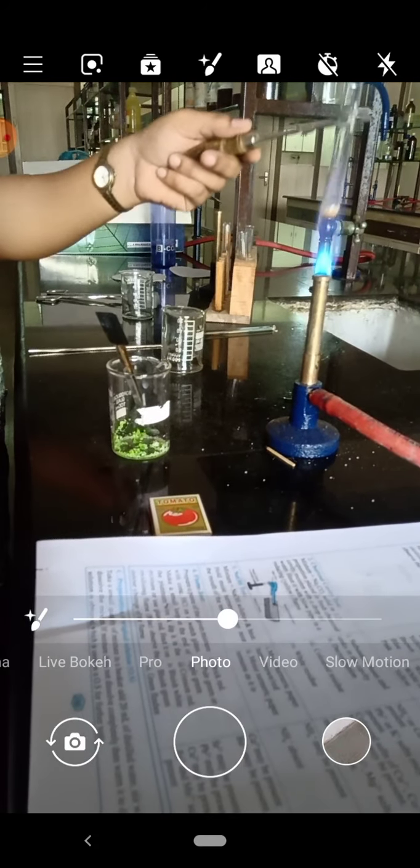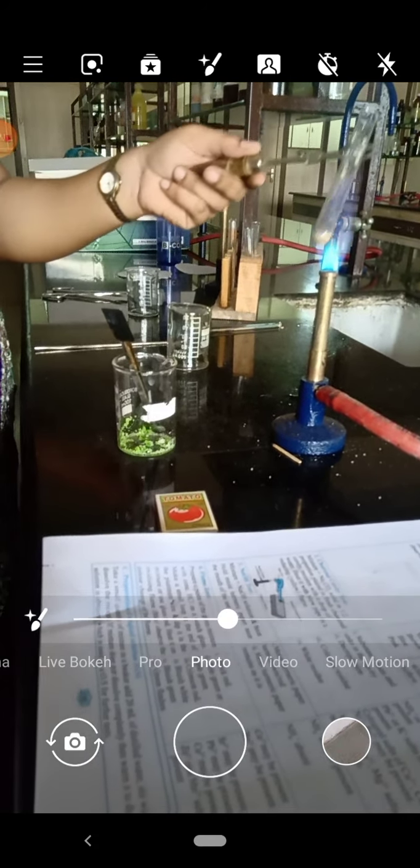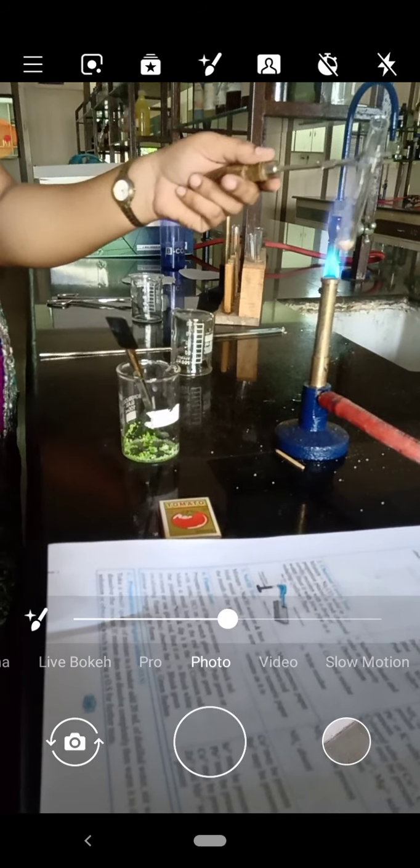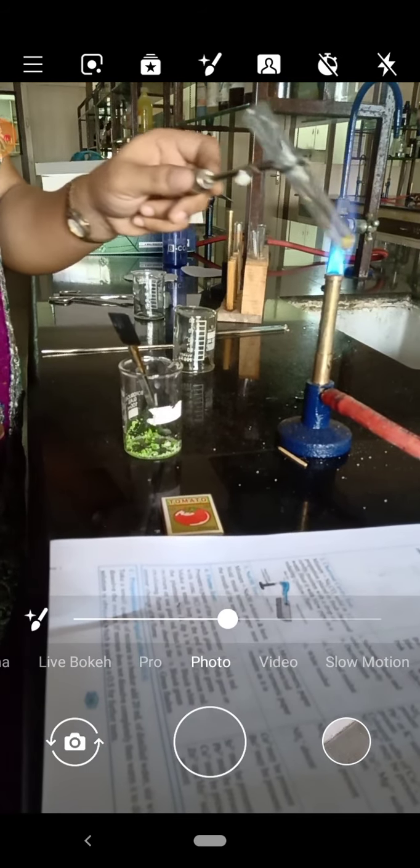See, some cracking noise is also coming. So 2-3 observations you can write here, whatever observations you are getting.